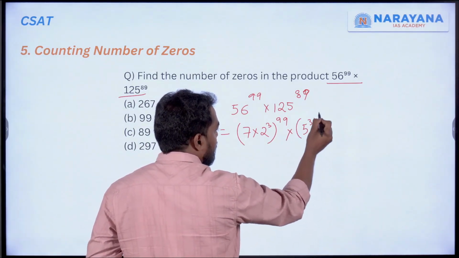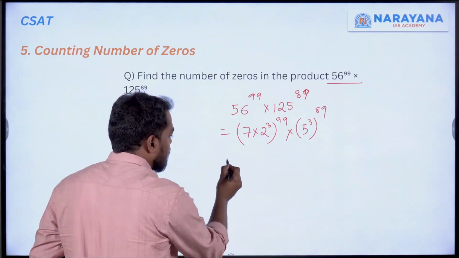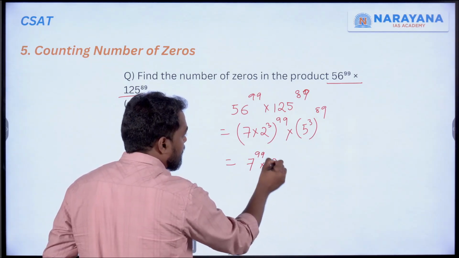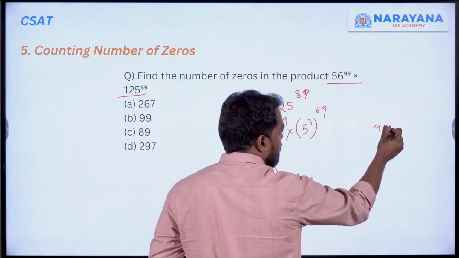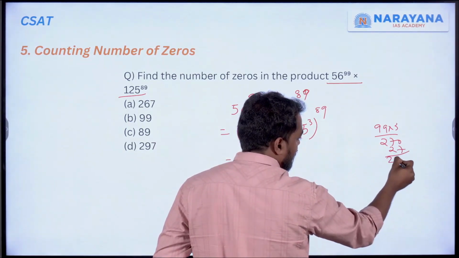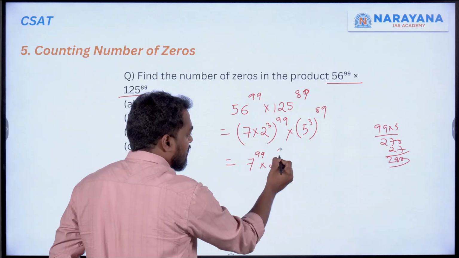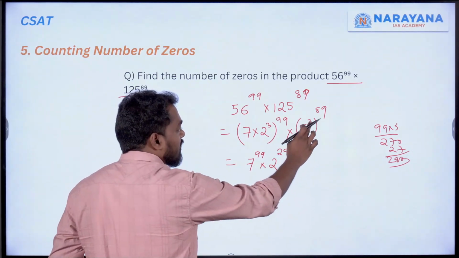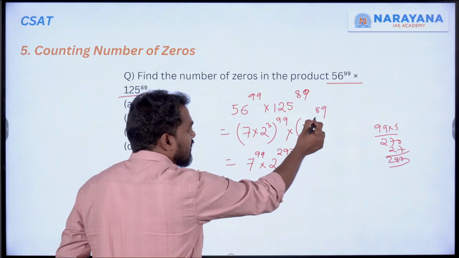So this is nothing but 7 to the power 99 into 2 to the power 99 into 3, and 99 into 3 is 297. So 2 to the power 297 into 5 to the power 3 into 89.